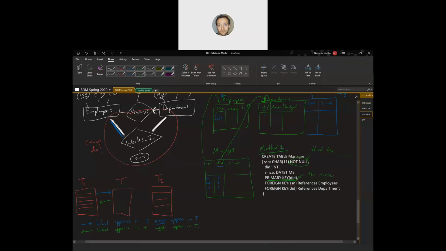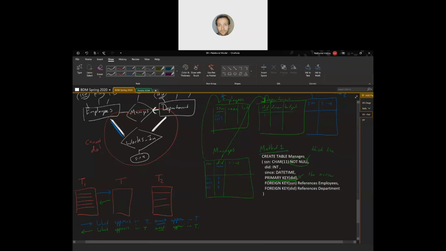So, let's see. Oh, an equal number of entries. Right. Yes, that's for this table T and T1.